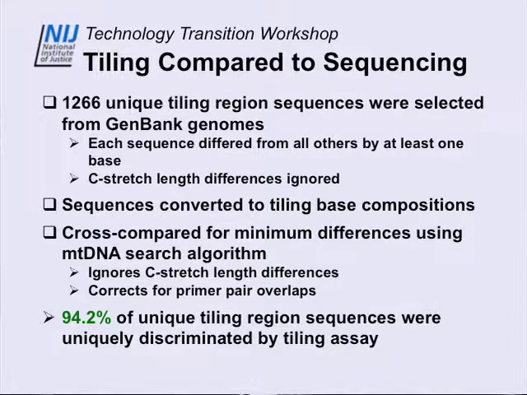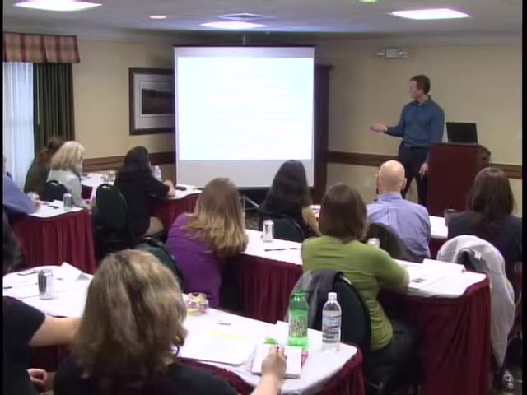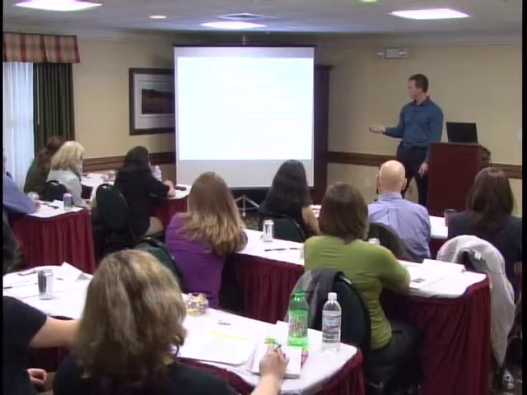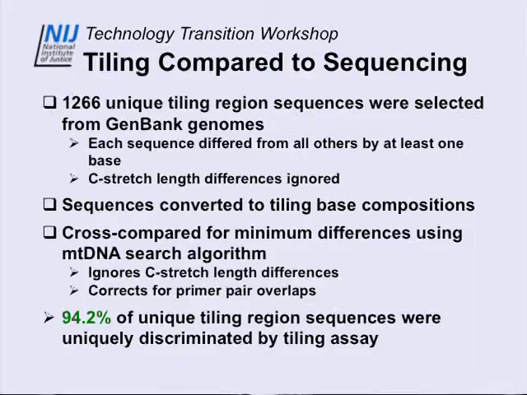So using a little over 1,200 unique region sequences from GenBank for full mitochondrial genomes that have our complete region that we're tiling across in them, with each sequence differing at least by one base from everybody else, and ignoring C stretches. With the search algorithm we use with base compositions, we assume the same thing as with sequencing.